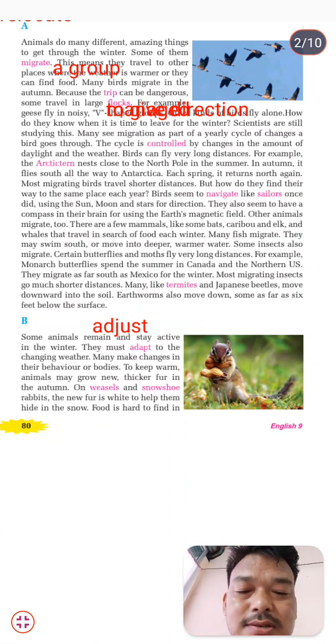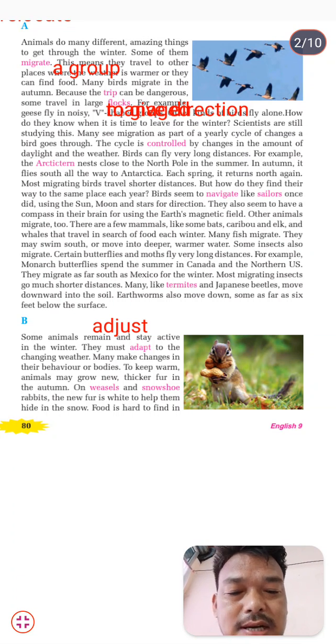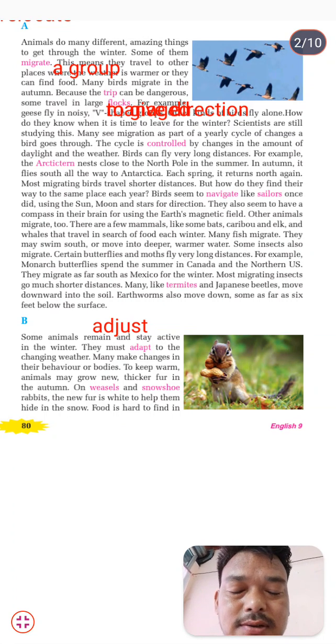So it's very amazing, students. It's because of some power, some god. There are some kinds of rats also having white hair outside their body, so that they can hide themselves inside the snow.